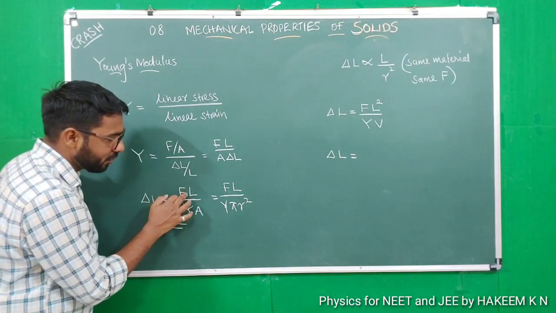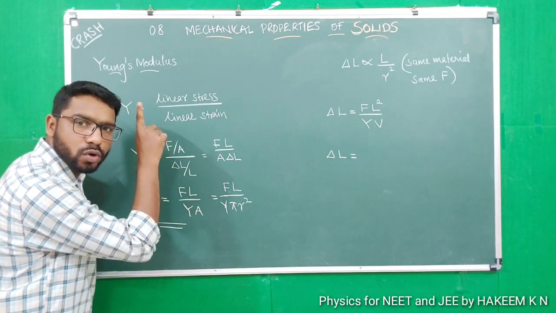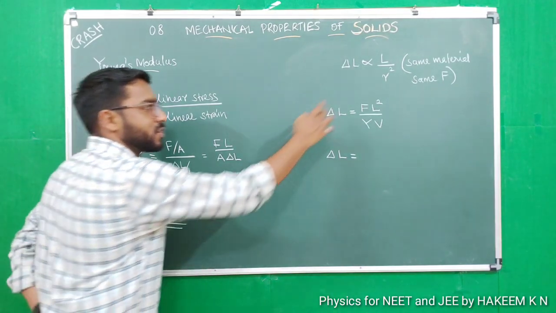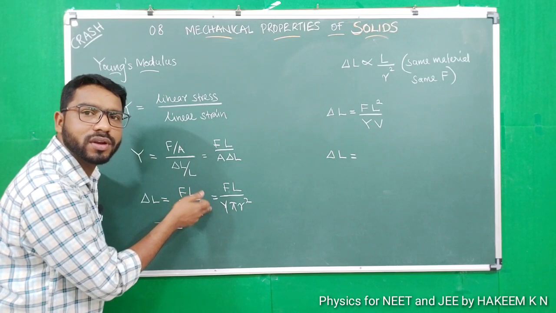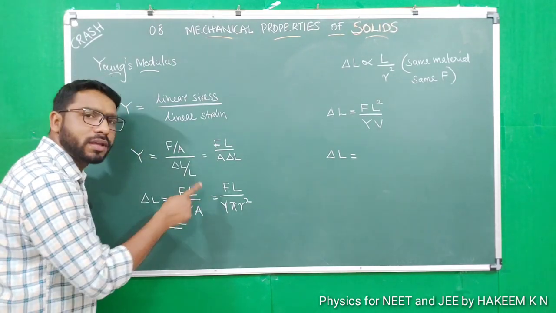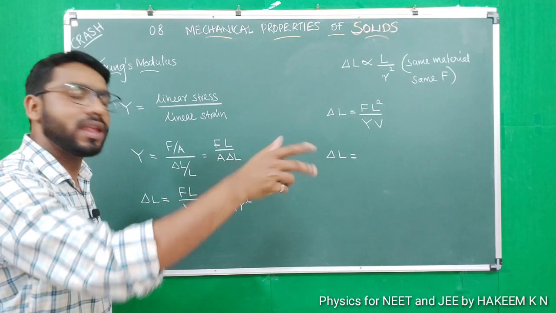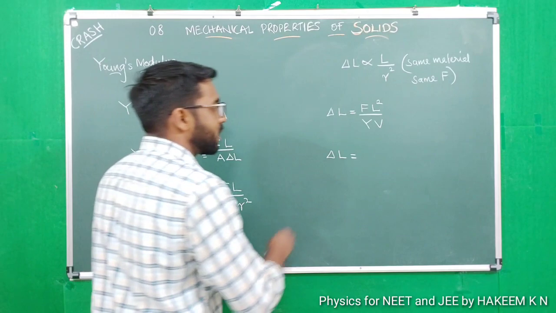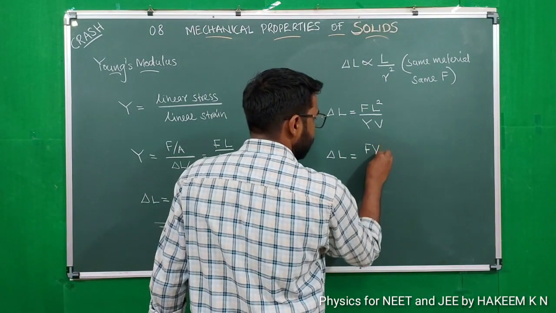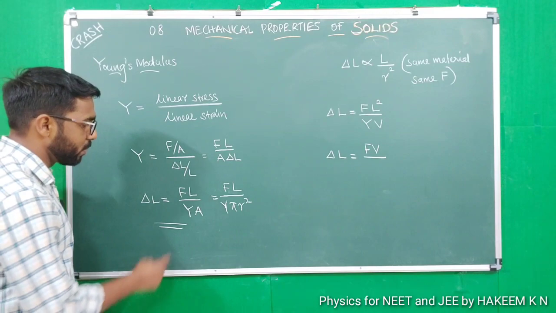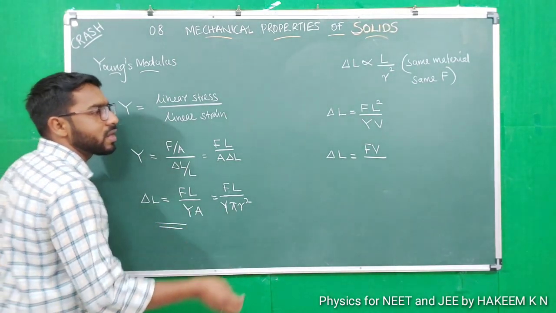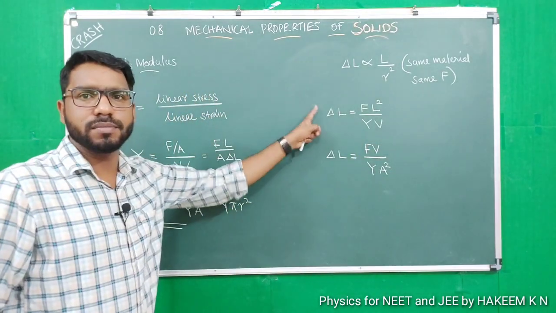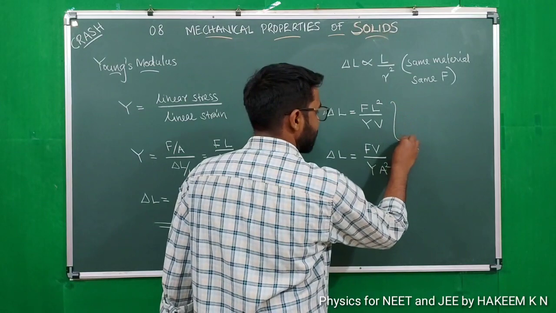Then I will get FL into A, length into area, volume, on the numerator, and YA square. In the first case I multiplied with the length, in the second case with the area. So we can say delta L equal to force into volume divided by Y into area square.